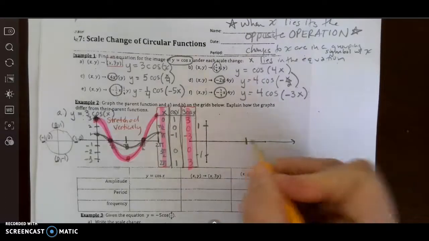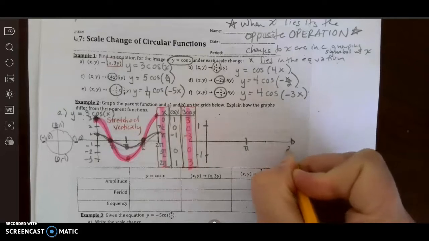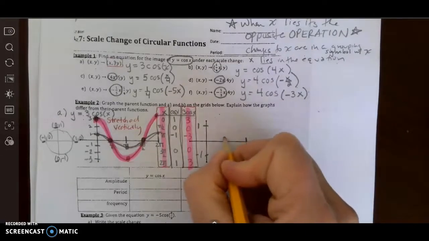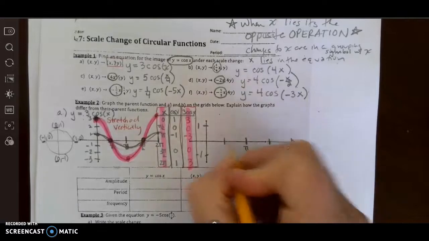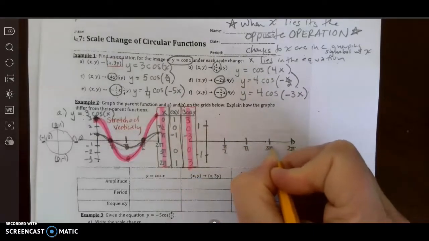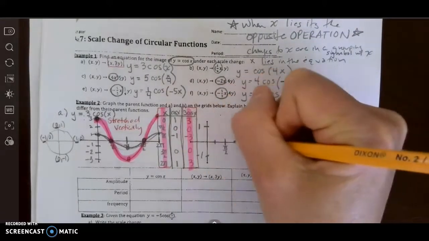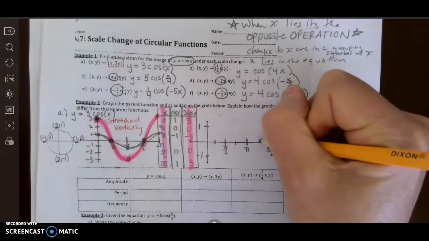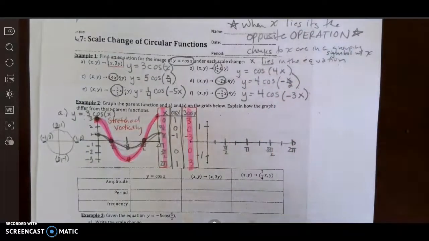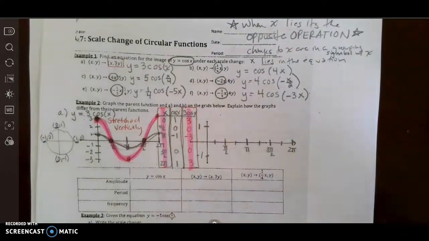Halfway is going to be pi, and the end would be 2 pi. And then each of those, if I divide in half, that becomes my pi over 2 and my 3 pi over 2. And then halfway there would be all my pi over 4s. Pi over 4, 3/4 pi, 5/4 pi, 7/4 pi. Okay.